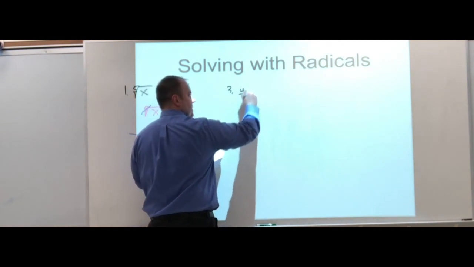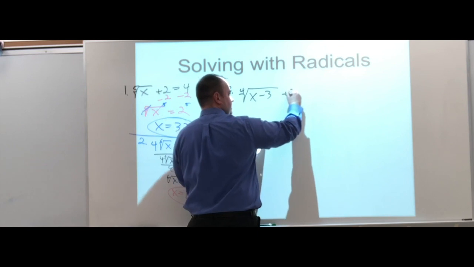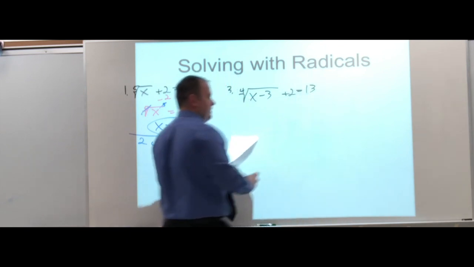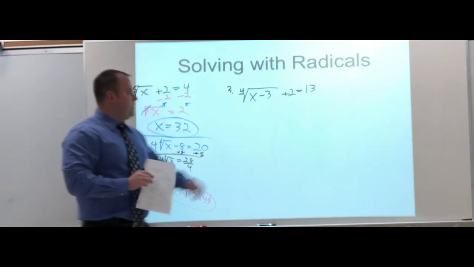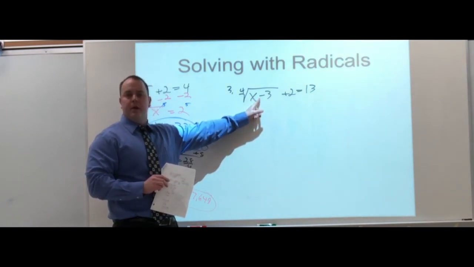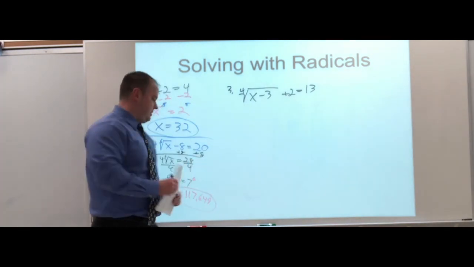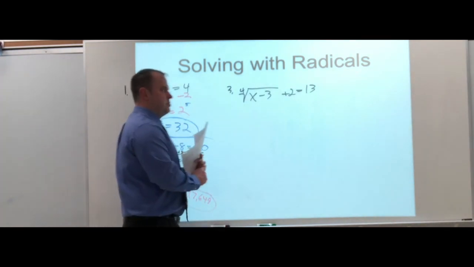Now here for the next one. The 4th root of x minus 3, plus 2 equals 13. Now, that x minus 3, it's all in the radical. It is grouping. It's just like parentheses. We can't do anything inside there until we get rid of everything else. So the first thing is subtracting the 2.